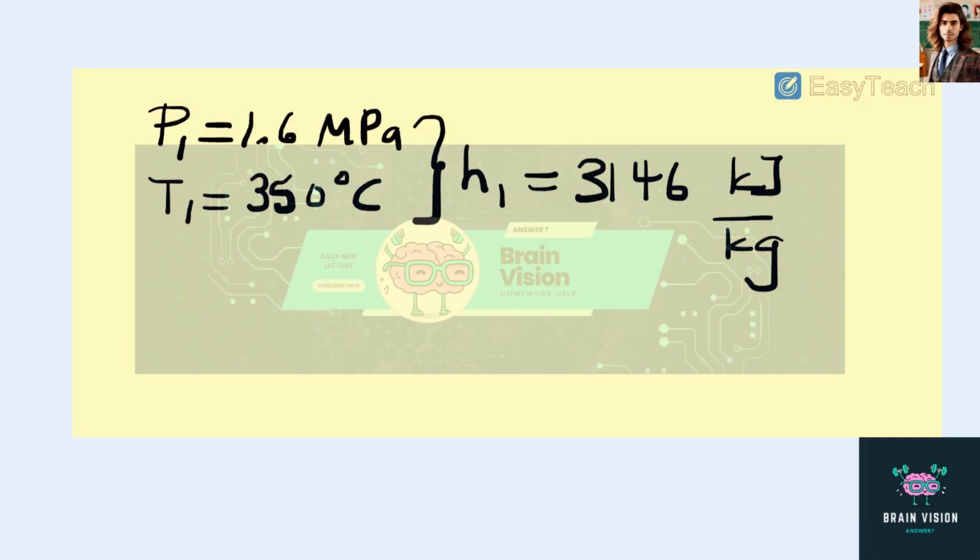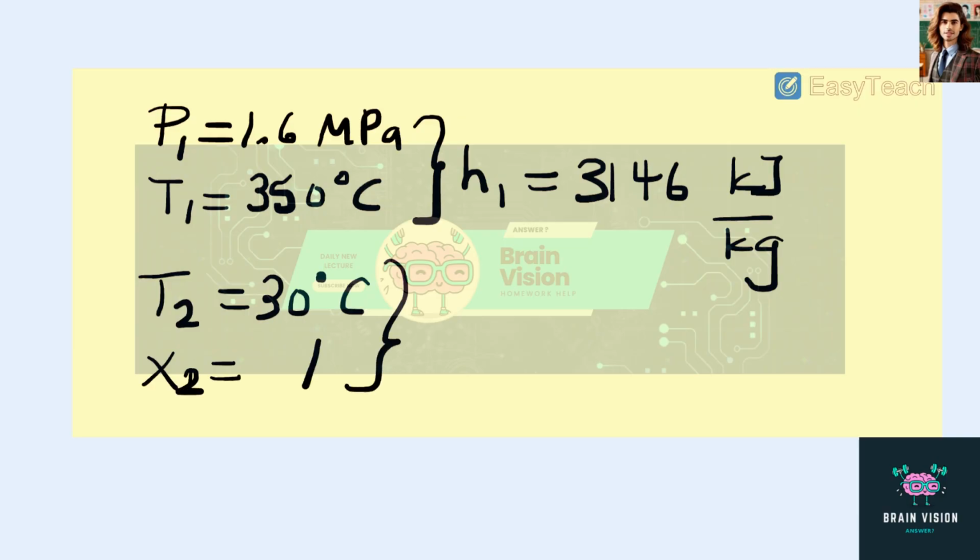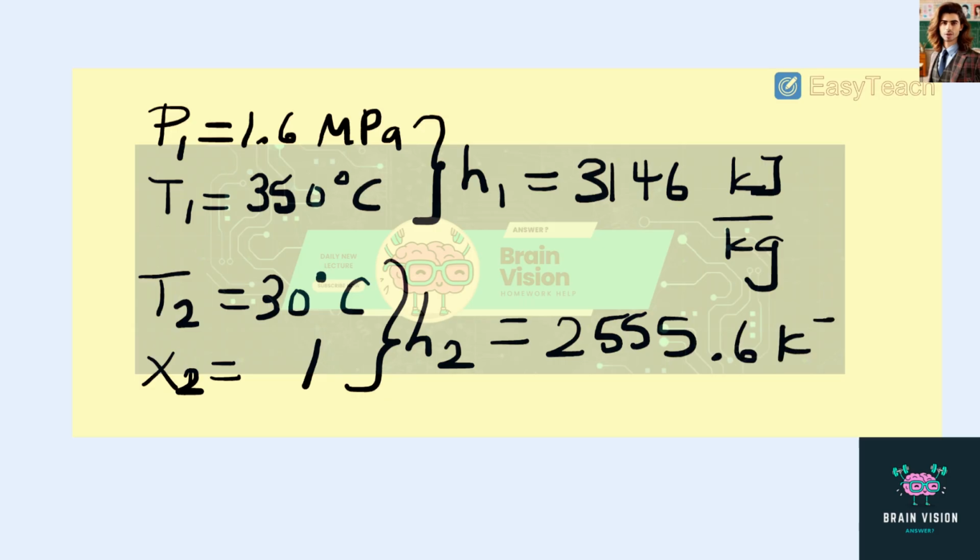And for our exit state, we know that our temperature is equal to 30 degrees C, and we do have a saturated vapor, so that means our quality is going to be 1. Therefore, this gives us an exit enthalpy equal to 2,555.6 kilojoules per kilogram.